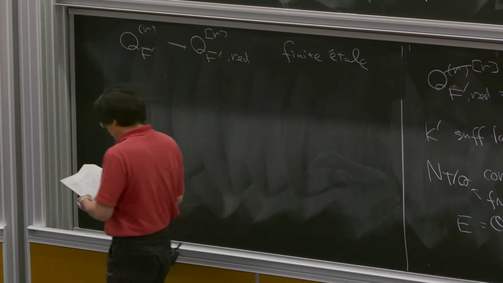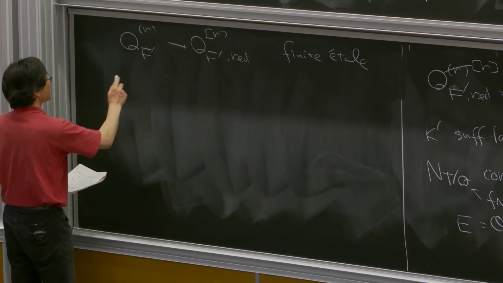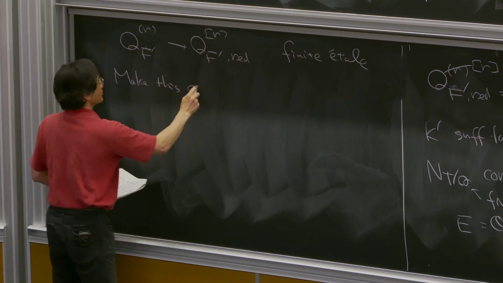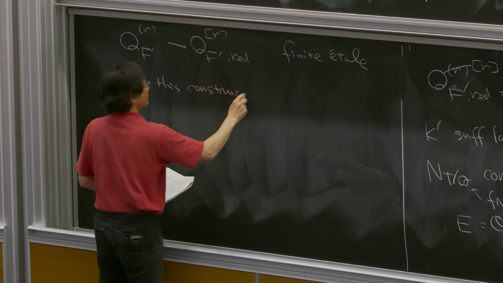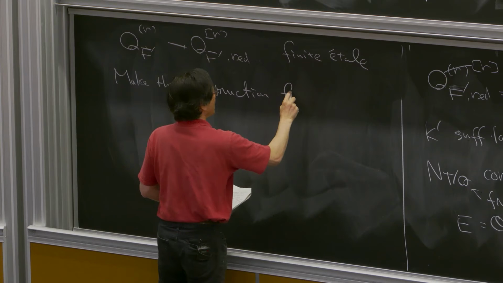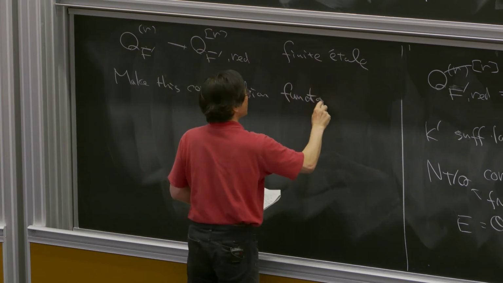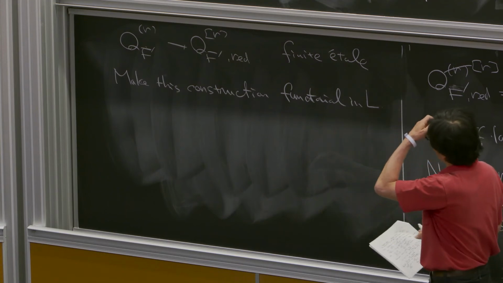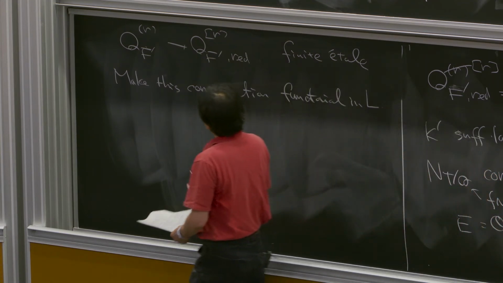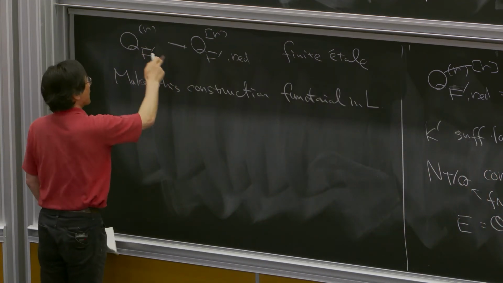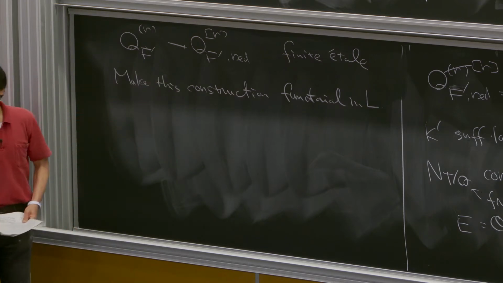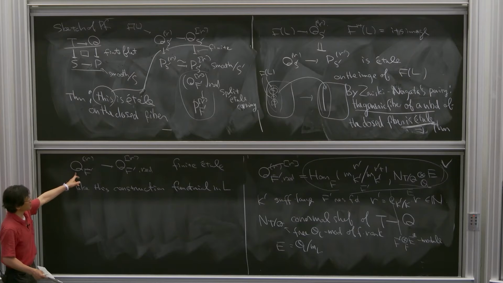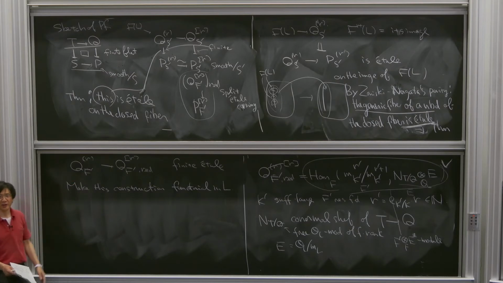The next step is to make this construction functorial in L. So if we replace this f prime by f bar, then it doesn't depend on k prime. So this is good. But this still depends on q. So I want to eliminate this q.